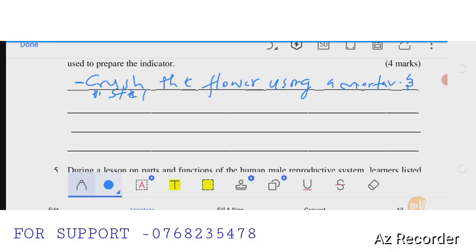That's the first step. The second step, add little water, little by little, while crushing.